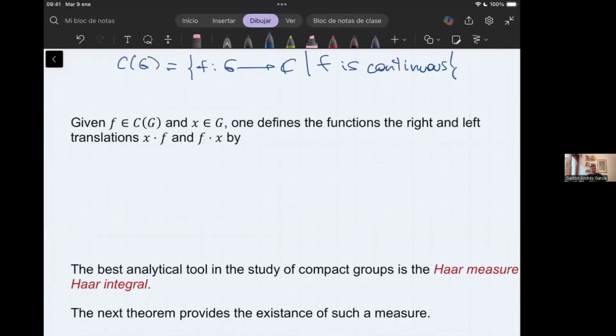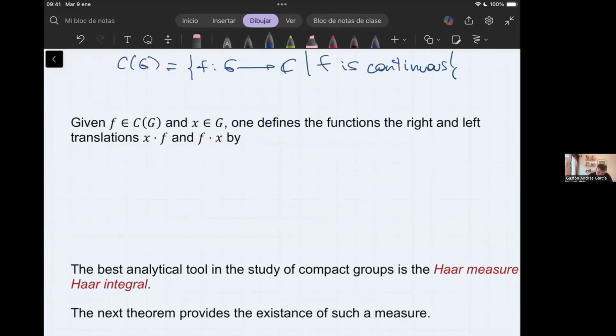So given a continuous function, one can define the translation of the function on the right and on the left by any element of the group. And why can we do that? Because in the group we have the inverse and the multiplication.